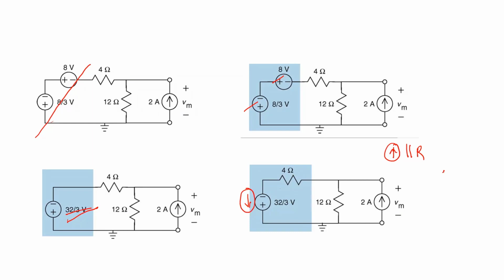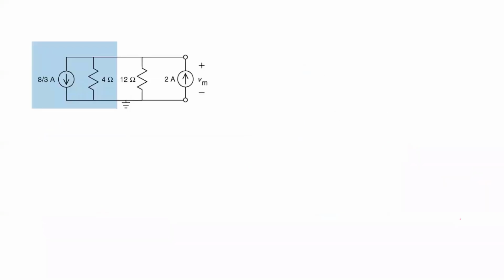Then the value of the current equals V by R. V is 32 divided by 3, into 1 by 4, because the R value is 4 here. What is the result? It is 8 by 3. All right. 8 by 3 and 4 is kept as it is.